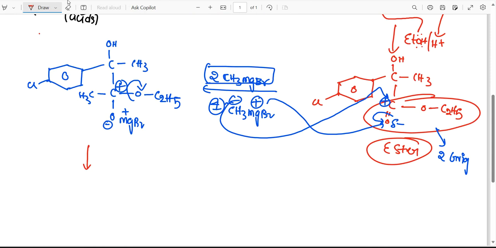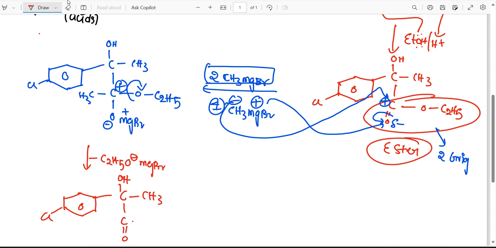Positive plus negative, double bond is formed, so the product is CH3O minus and MgBr. This is the removed one. So the product formed here is Cl bond C bond OH bond CH3 bond C double bond O bond CH3.